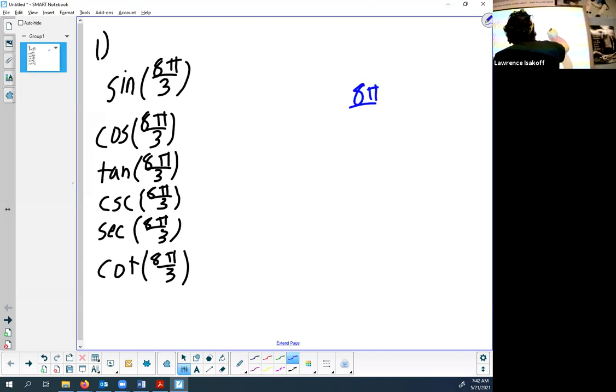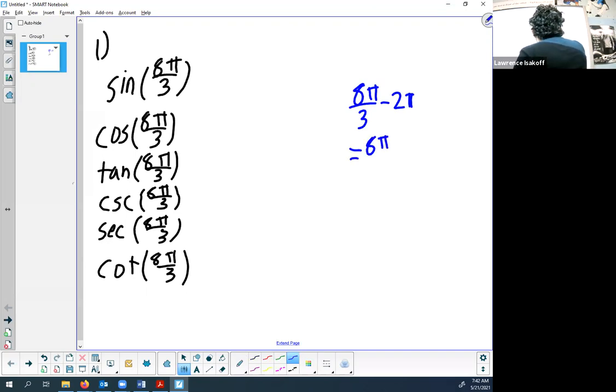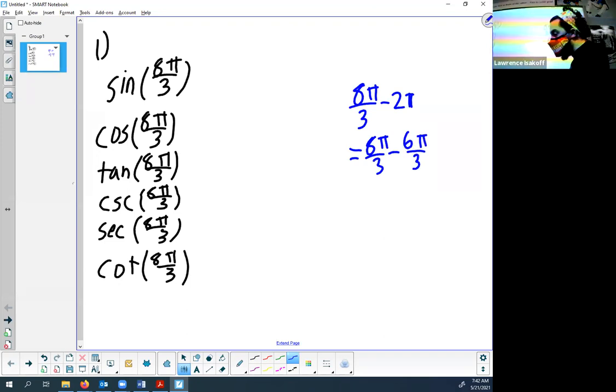So 8 pi over 3 minus 2 pi, well, that's equal to 8 pi over 3 minus 6 pi over 3, just getting my common denominator there. And then 8 minus 6 will give me 2 pi over 3. So I can think of these all as 2 pi over 3 instead of 8 pi over 3.